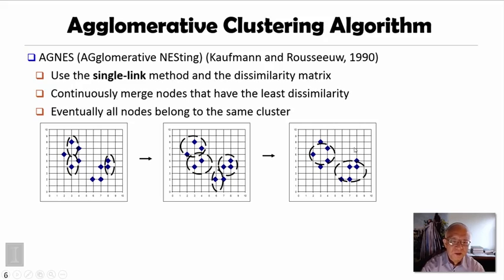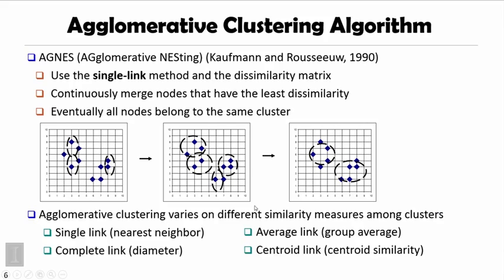Eventually, all the nodes merge into one cluster. That means you start from singletons and find everyone's nearest neighbor. Then you check the closest one and merge them. Once you merge into a bigger cluster, you look at the clusters' nearest neighbors, their single link, and decide which to merge, until everything is merged into one cluster.